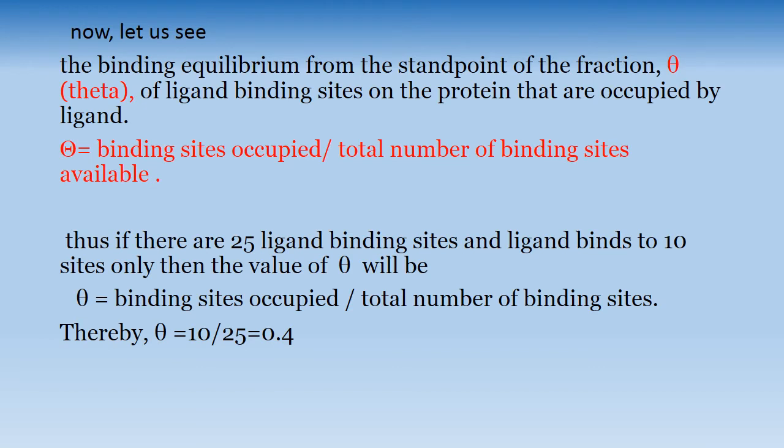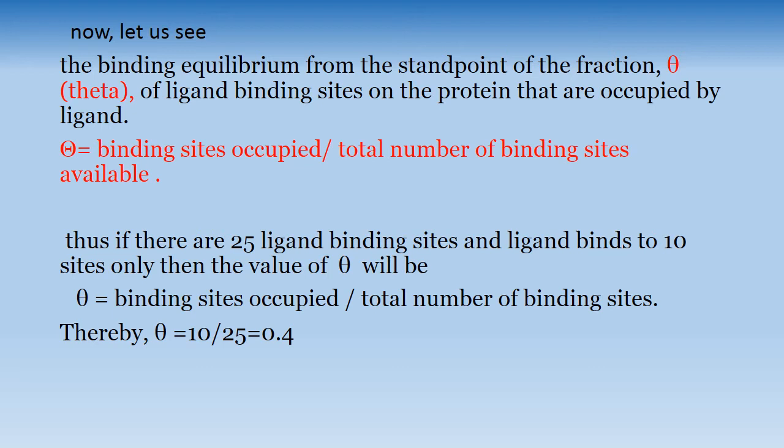Now let us see a very useful term, the binding equilibrium. It is usually denoted by theta, and theta is nothing but the binding sites occupied divided by the total number of binding sites available.